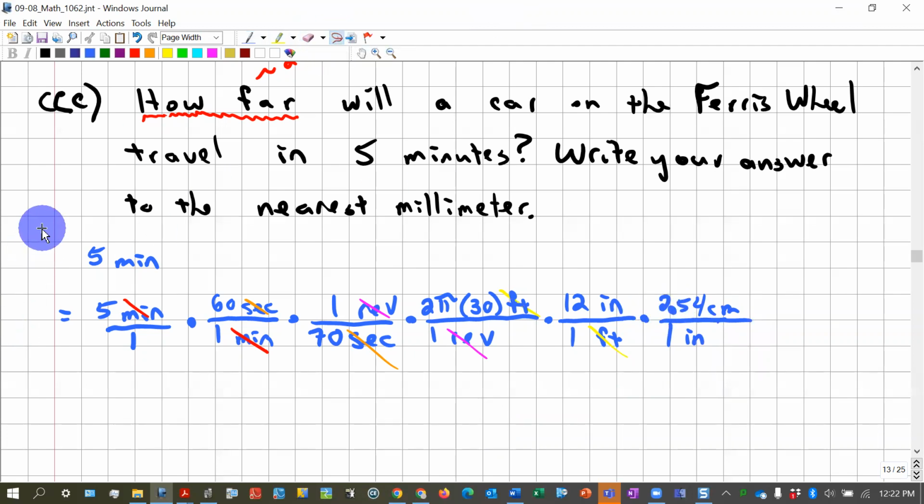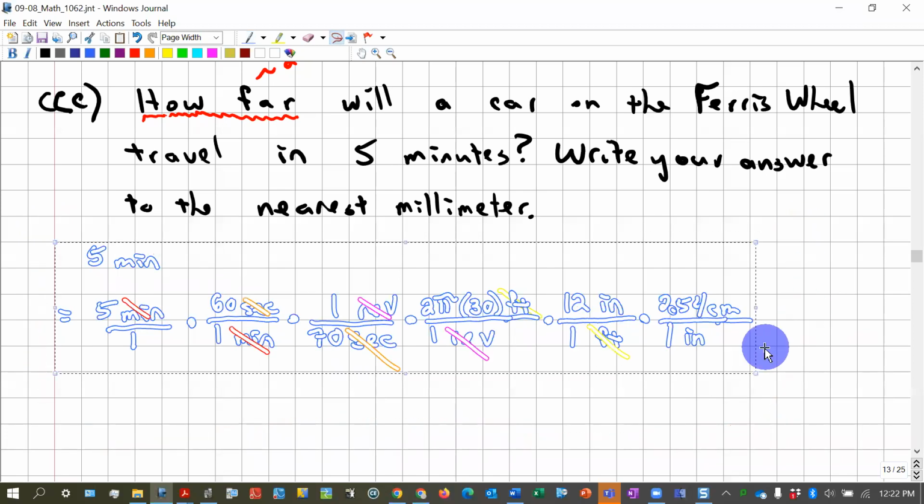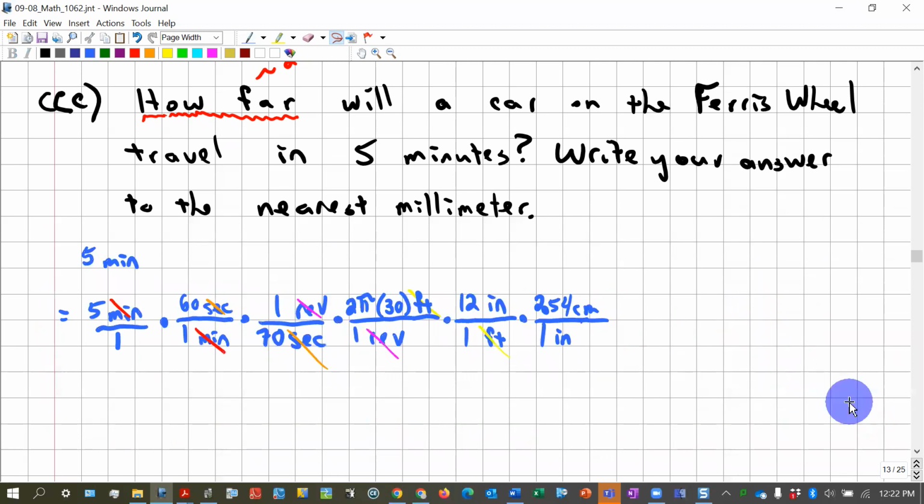And some of you are able to go directly from centimeters to millimeters. But in general, with the metric system, 100 centi-whatevers is one of the whatevers. So meters or liters or kilograms. And 1 meter is the same thing as 1,000 millimeters.